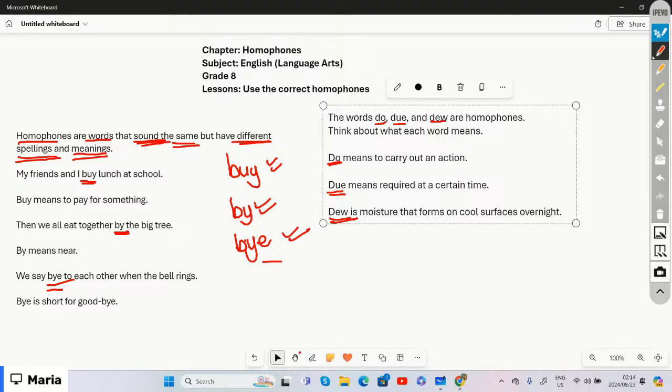So if we look at all three of these words, they are homophones because they sound the same, but the spelling and the meaning of these words are different.